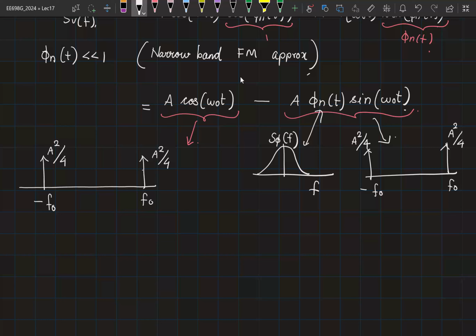I have multiplied things in the time domain, so you have to convolve, and what would it look like? The same, at f naught and minus f naught.